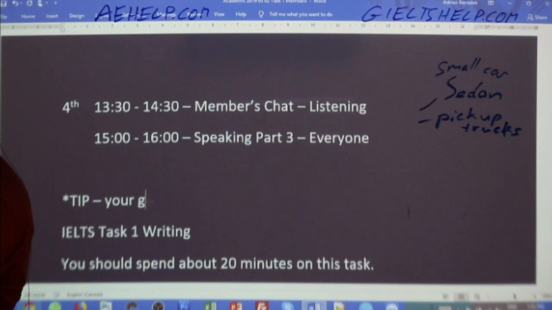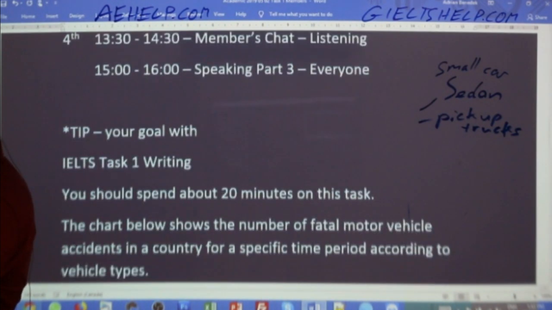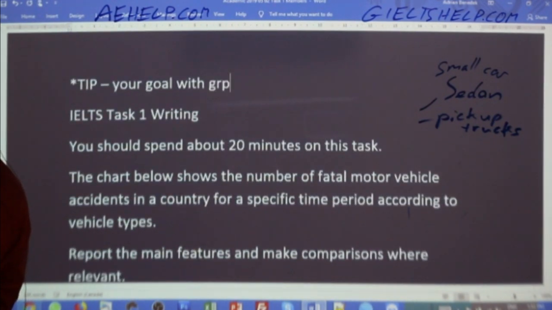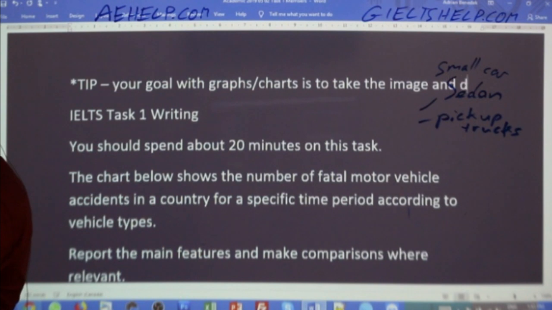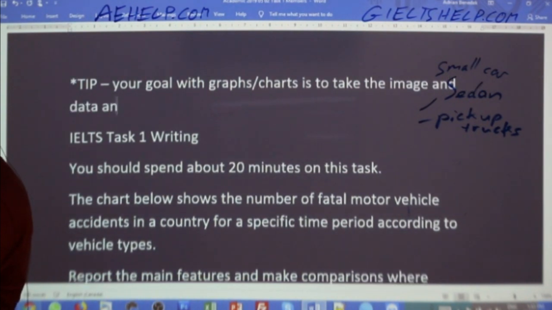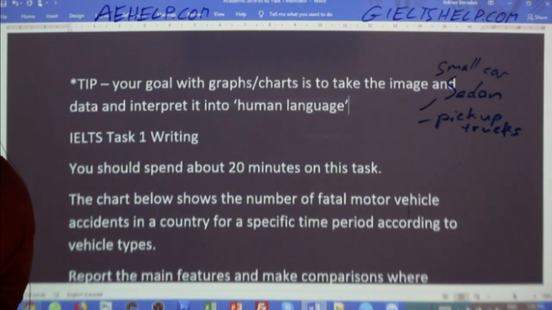Your goal with graphs and charts is to take the image and data and translate or interpret it into, let's call it human language. Some of you are computer majors, you'll kind of know what I mean.